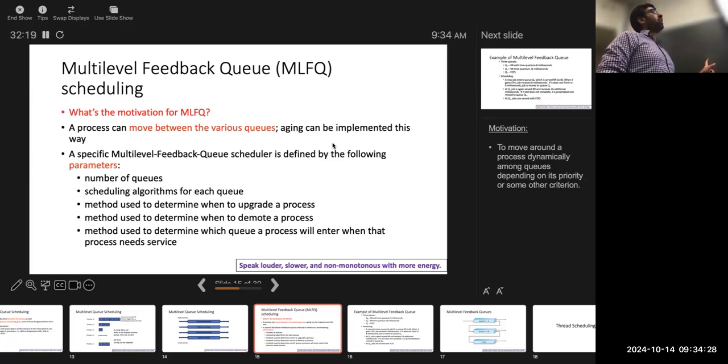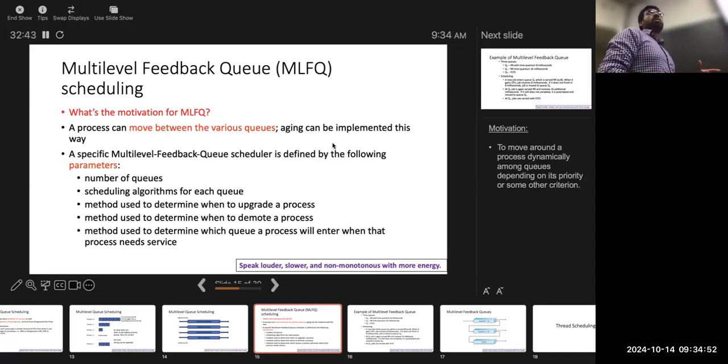Method used to determine when to upgrade or downgrade or demote a process. For the downgrading, we were saying if a process doesn't complete its execution in its quantum, we move it to the next queue. And even then, if it doesn't complete, then we move it down to the next queue, right?